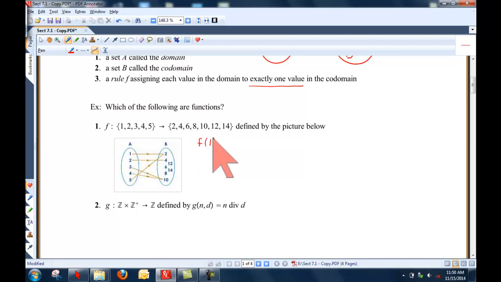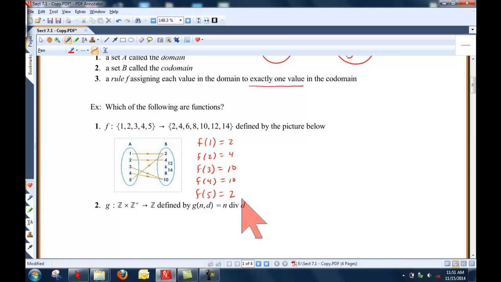It's a little clumsier though. f(1) = 2, f(2) = 4, f(3) = 10, f(4) = 10, and f(5) = 2. This picture and this list of definitions are exactly the same piece of information.